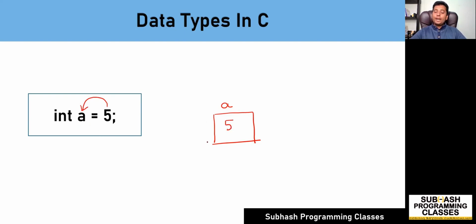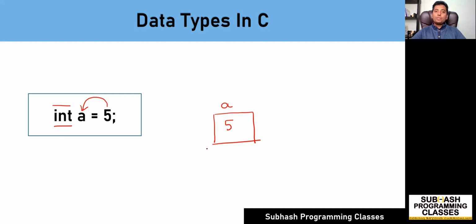But the question here is, how much memory should the compiler allocate for this particular statement, isn't it? How much memory has to be allocated is informed to the compiler using this word called a data type, right? So in our example, we have the data type integer on the slide. This integer will tell the compiler how much memory has to be allocated.